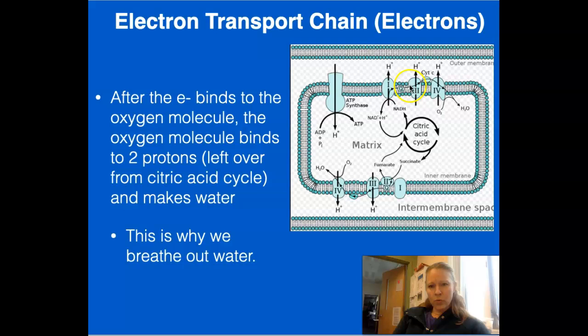It's going to pass through the 4 proteins, and then the electron is going to bind to this oxygen molecule back in the mitochondrial matrix, and then it's going to attach to the hydrogen ion here in the mitochondrial matrix, and then this water is going to pass through our blood, and we're going to breathe it out. And so this is why we breathe out water.